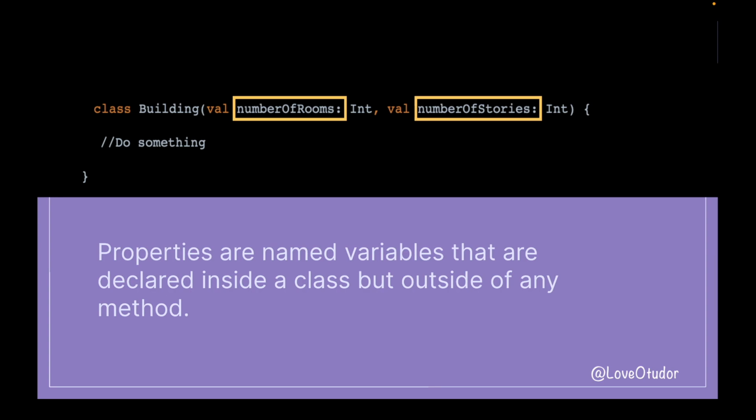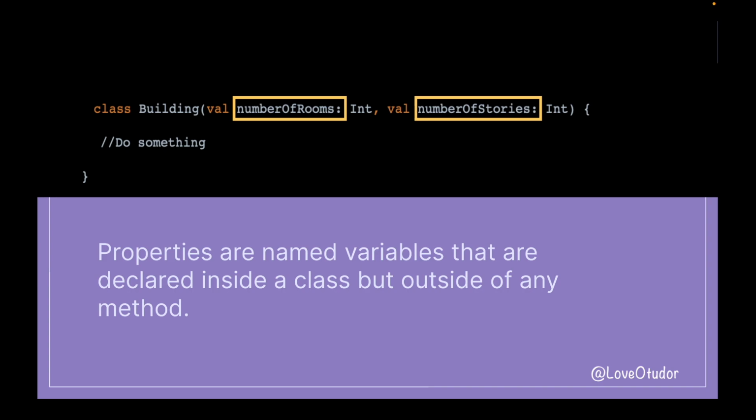The same goes for the number of stories: val, number of stories, of type integer. So the number of rooms and number of stories are the properties of the class Building. This means a building will have a particular integer number of rooms and stories, and so we can create a one-storied building with 2 rooms.